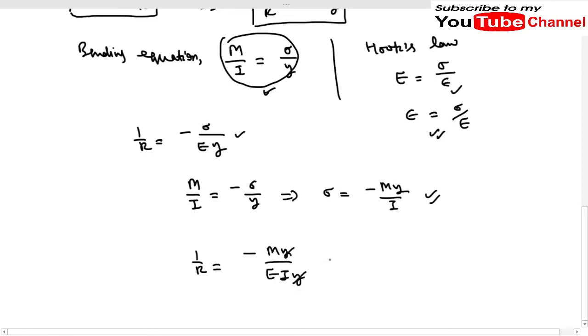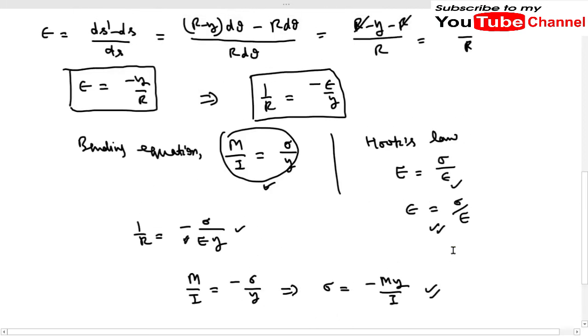So y will cancel out, and this will be positive because there we also have a negative sign, and ultimately we get 1 by r equal to M by EI. Now we have got a very important equation.